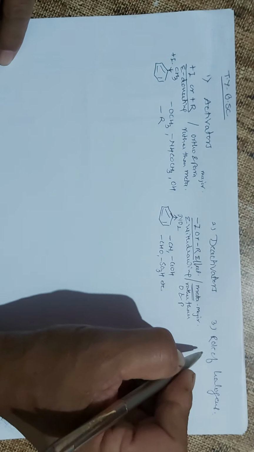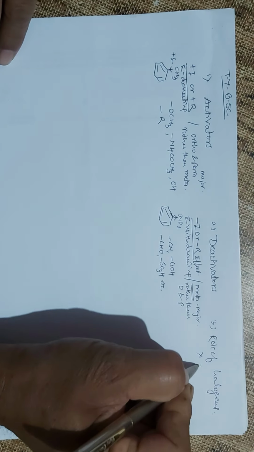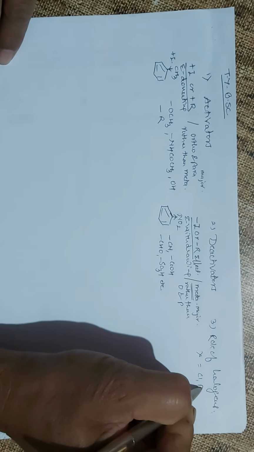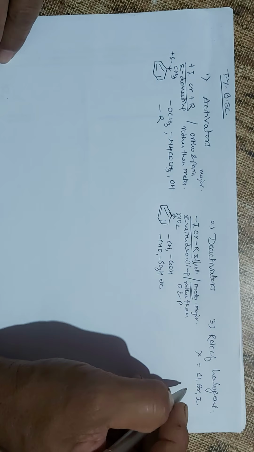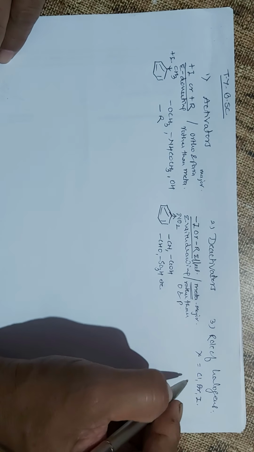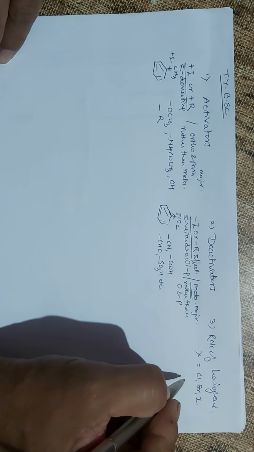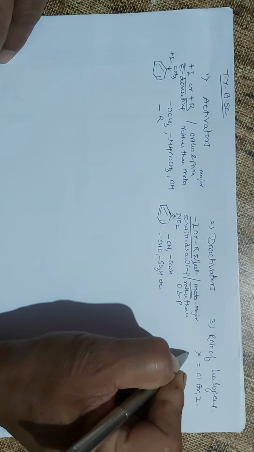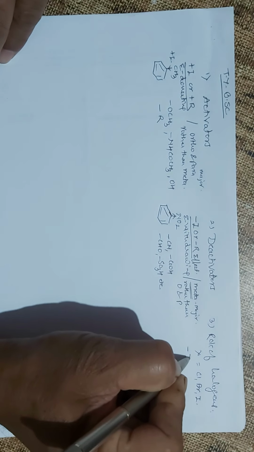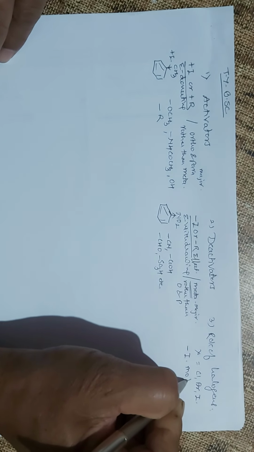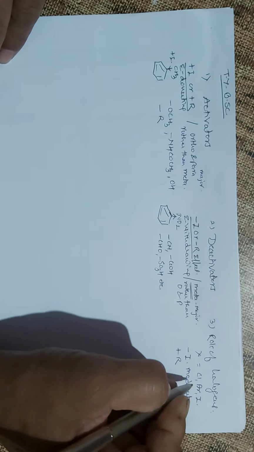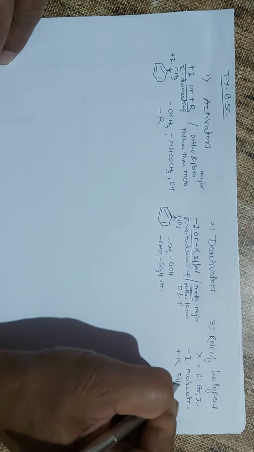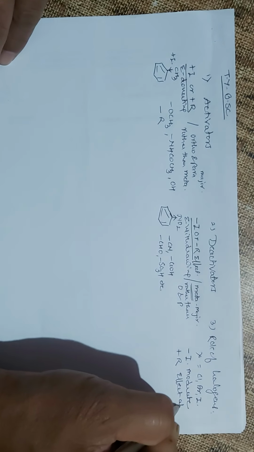But in case of halogens, that is X, that is chlorine, bromine, iodine, these have a somewhat different role. They show a moderate minus I effect and the plus R effect also.